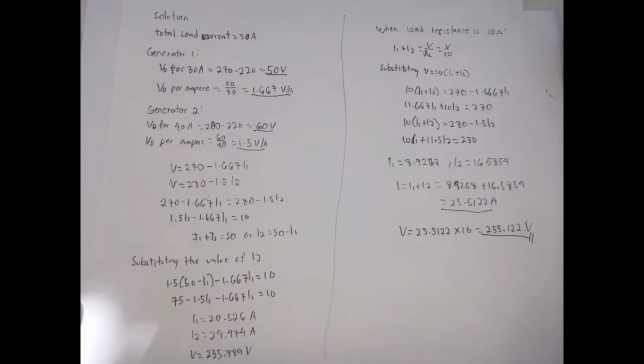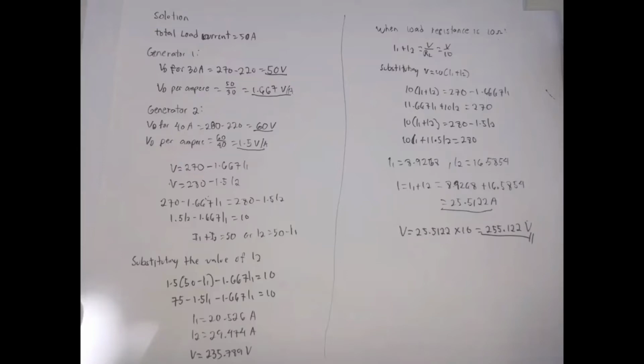Then I1 plus I2 is equal to 50, or I2 is equal to 50 minus I1. Substituting the value of I2 into 1.5 I2 minus 1.67 I1 is equal to 10.